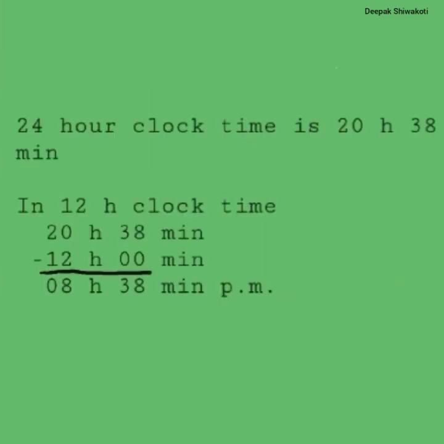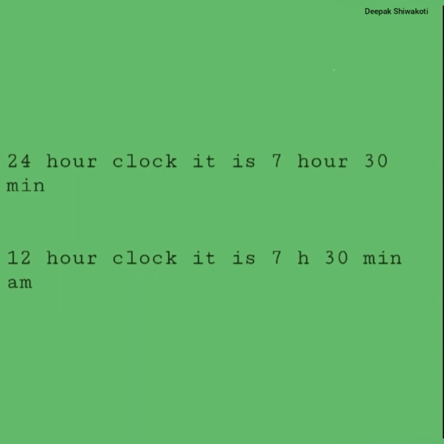Like 24-hour clock time is 20 hour 38 minute. In 12-hour clock time, this is 20 hour 38 minute minus 12, that is 8 hour 38 minute, and it is PM. Suffix is PM since it is after the noon. So we have to subtract 12 from the given time to get the 12-hour clock time.